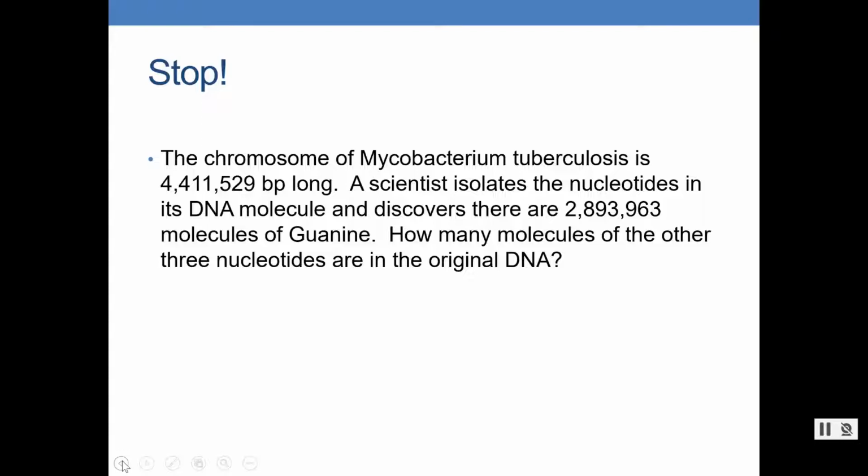We also know a scientist isolates the nucleotides and finds out that there are 893,963 molecules of guanine. Your job is to figure out how many molecules of cytosine, adenine, and thymine are in that structure. So that's what you're going to do, and I'm going to give you a second to do that.